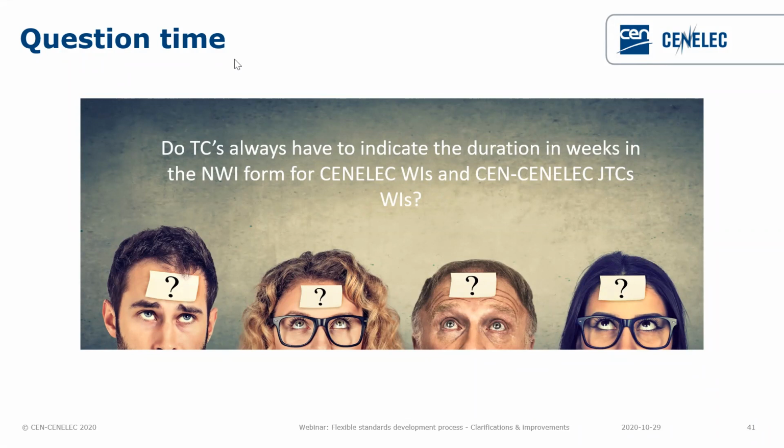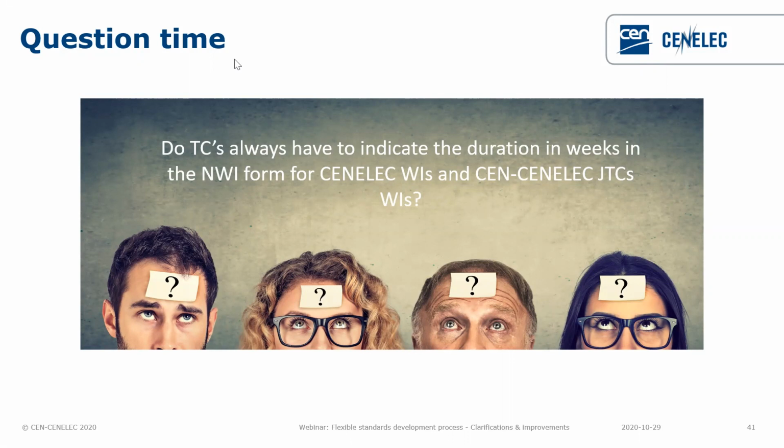Okay, so the first proposed reply was, again, do TCs always have to indicate the duration in weeks in the new work item form for CENELEC work items and CENELEC JTC work items? No, it is optional for CENELEC work items and JTC work items in addition to target dates, 17%.